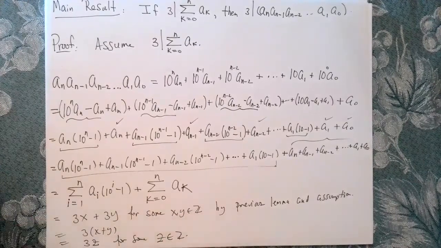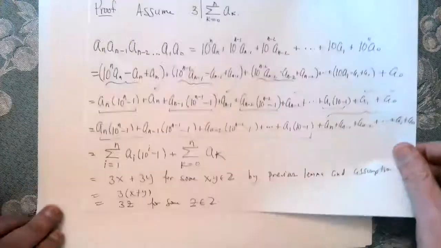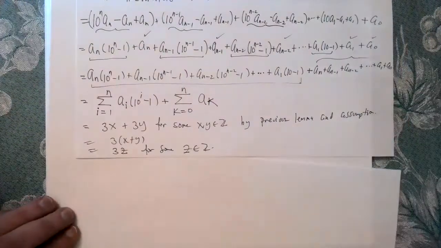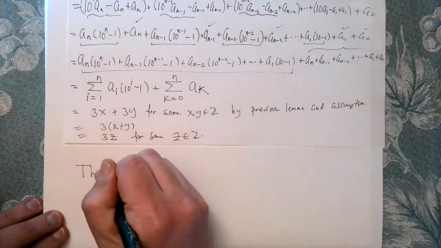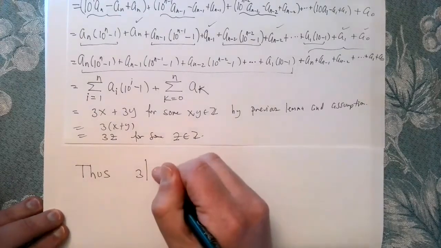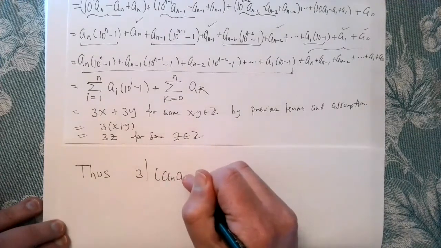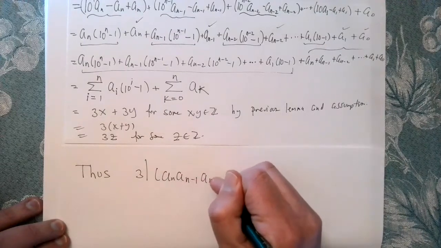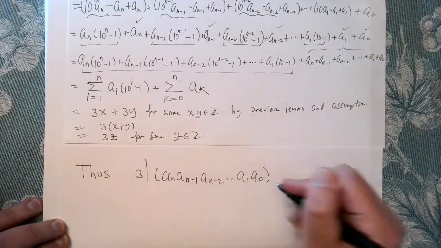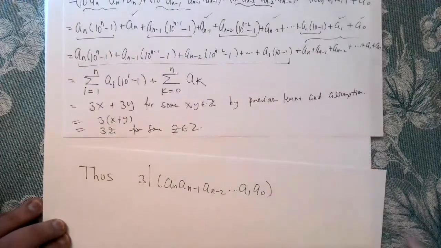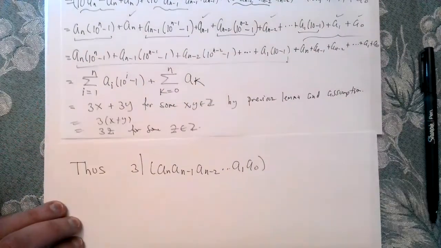But if you follow this back, this says that 3 divides this. We have the definition of divides. So just by definition of divisibility, 3 divides the number. Again, this is not multiplication. This is to imply place value. And so that establishes that old rule from elementary school that if 3 divides the sum of the digits of a number, then 3 divides that number itself. So cool.